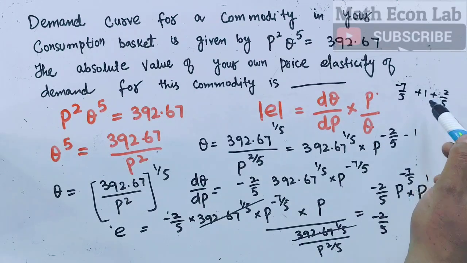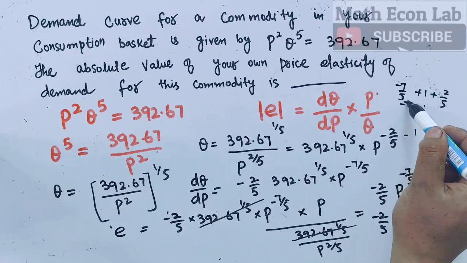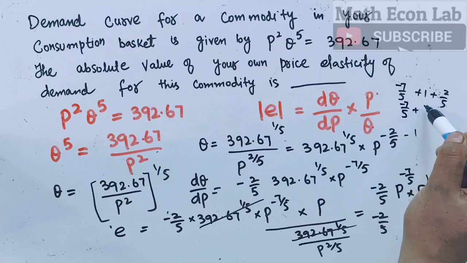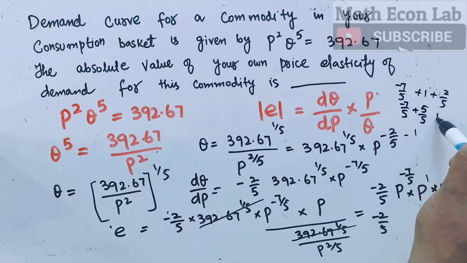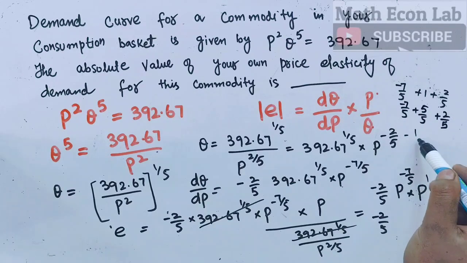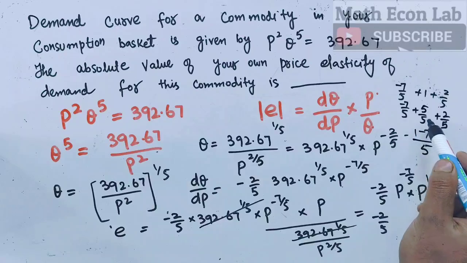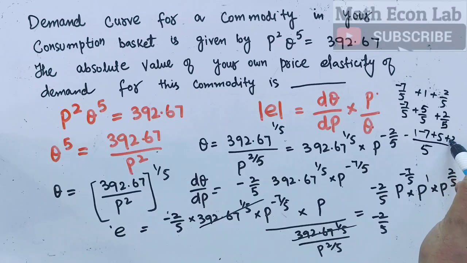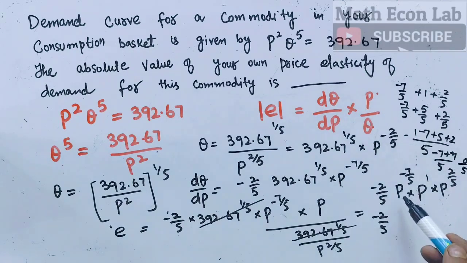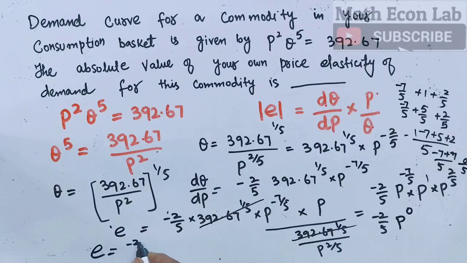Multiplying numerator and denominator by 5, in place of 1 I can write 5 upon 5. So we have the same denominator 5, and we have minus 7 plus 5 plus 2, so it becomes minus 7 plus 7 divided by 5, which is equal to 0 upon 5, which is equal to 0. So this stuff will be equal to p raised power 0. Anything raised power 0 is 1. So we get elasticity of demand is equal to minus 2 upon 5.